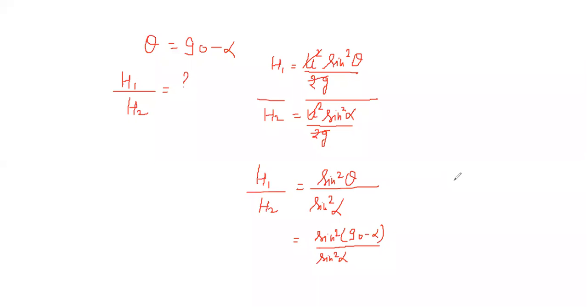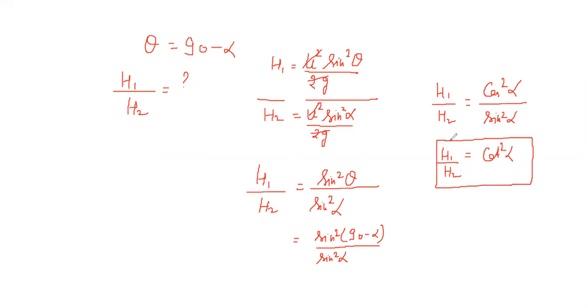Sin square (90 minus alpha) is cos square alpha, upon sin square alpha. Cos square alpha upon sin square alpha is cot square alpha. So H1 by H2 equals cot square alpha, where alpha is the angle for the second projectile.